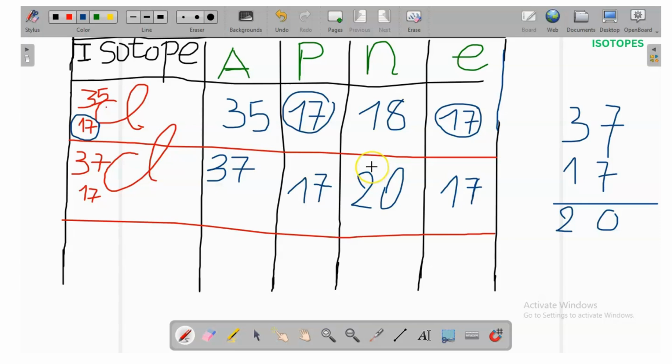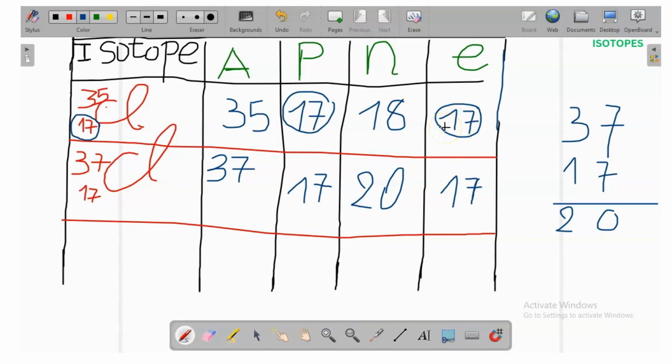This means that in isotopes, the number of neutrons is different. In the column of electrons, the number of electrons is the same in each isotope.